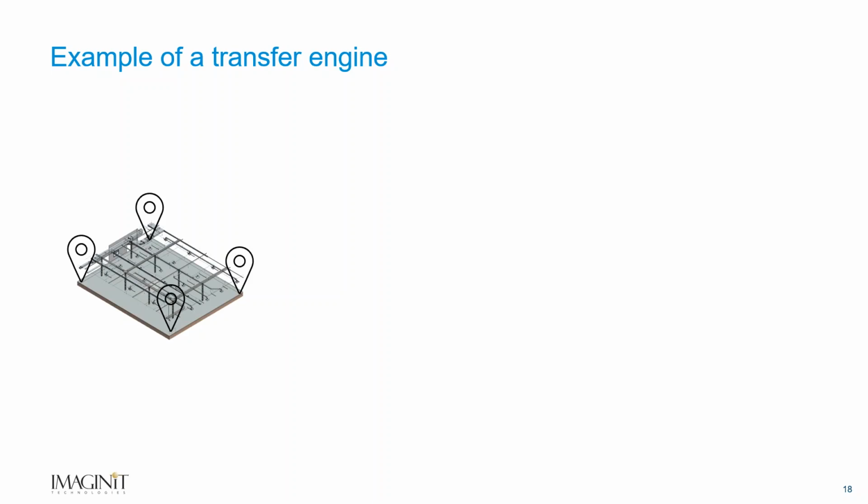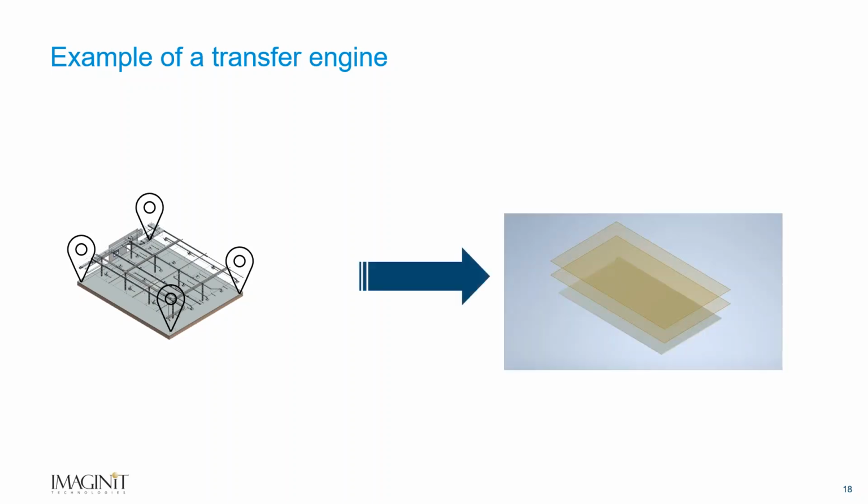So rather than send me that whole model, we can use a transfer engine, tag those points, extract them out, and then over in Inventor, automatically build geometry that matches not only those points, but the different levels that I need to work with, so that the points in one location match the points in the other.